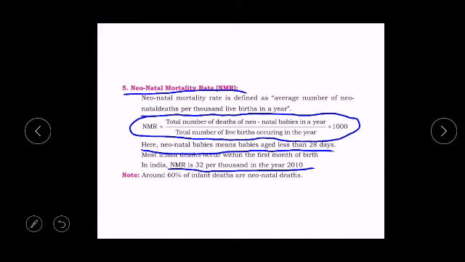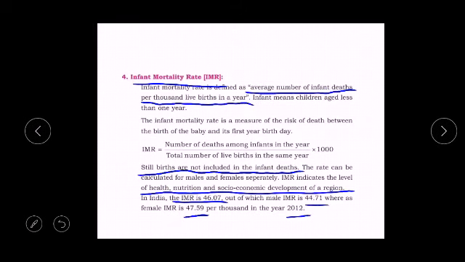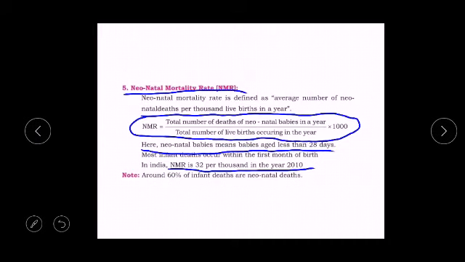After completion of 28 days also babies are dying, and in the previous slide we studied that 46 to 47 out of total live births are dying within 1 year, and that 47 includes this 32. Around 60% of the infants' deaths are neonatal deaths, that is indicated here. So 32 out of 47 are neonatal babies.